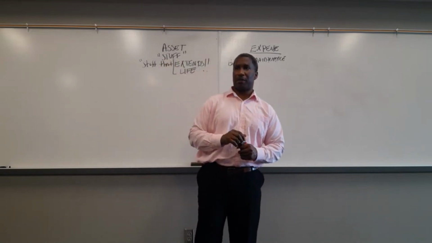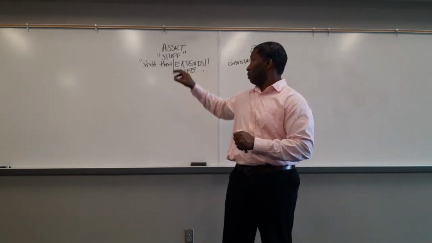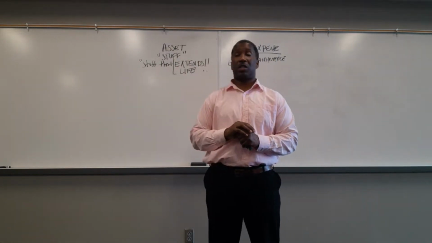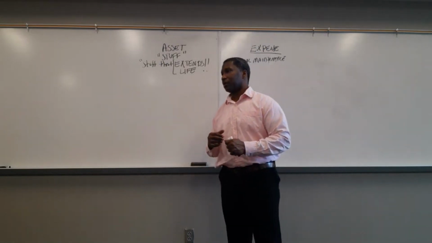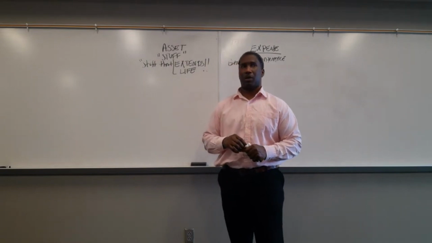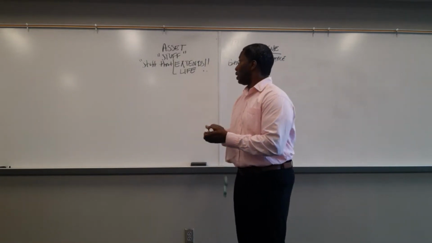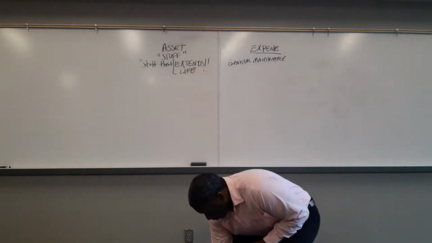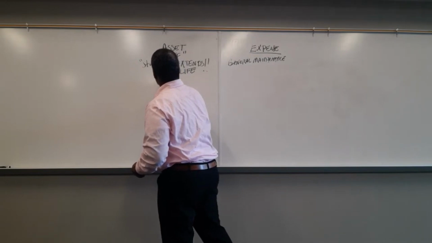Think for a second, and I want you to tell me which one would be the asset, the other stuff? Would it be the shelves, or would it be the oil change? Think for a second. The shelves, okay? So the shelves are going to go over here. Why?